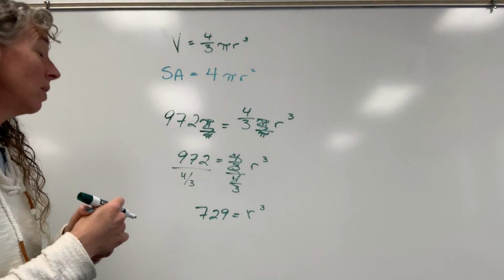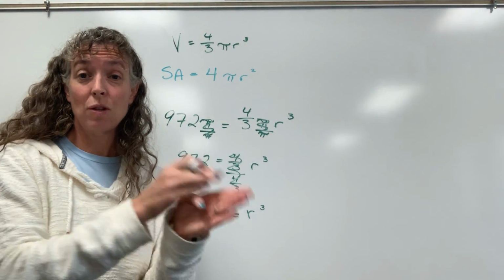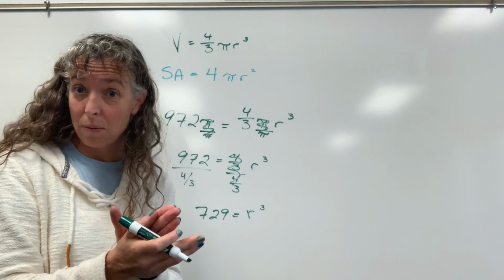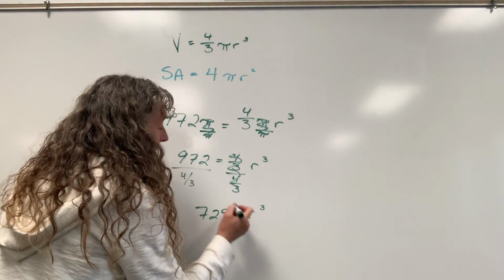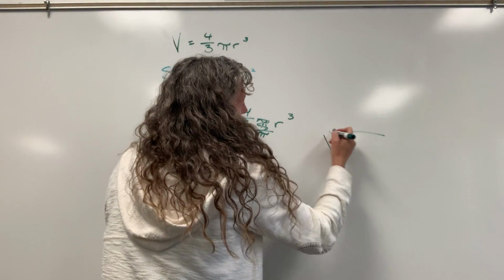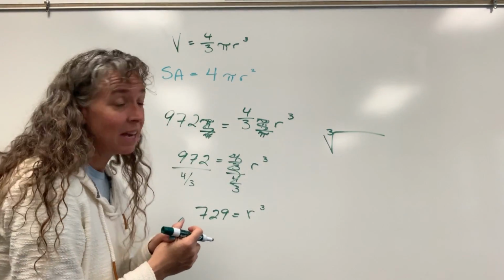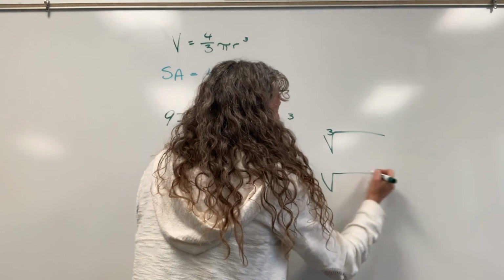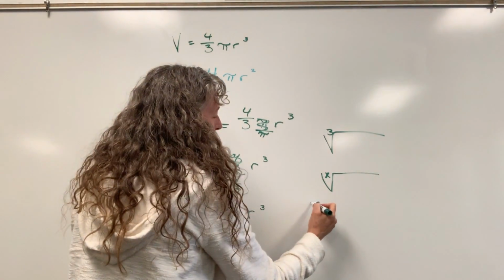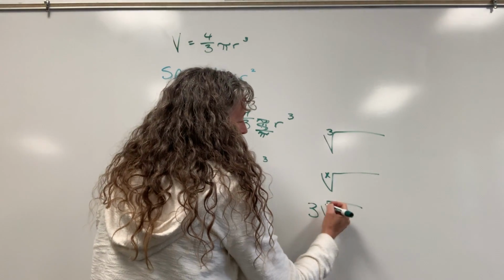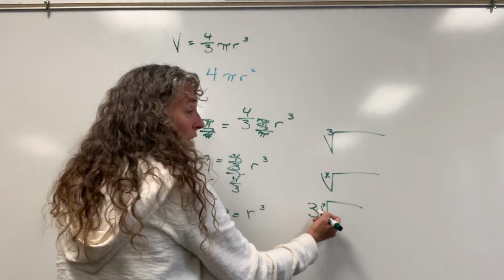Now remember, to get rid of a square, we square root. Well, to get rid of a cube, we cube root. There should be a button on your calculator that looks like this. If you don't have that button, you probably have a button that has an X or a Y there. So you're going to put 3 and then that button to show that you want to have that be a cube root.